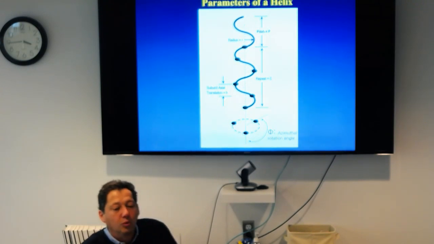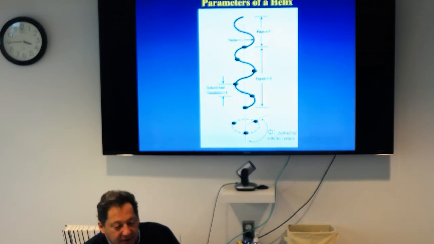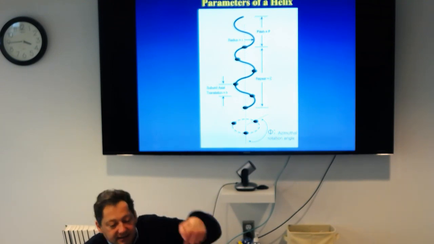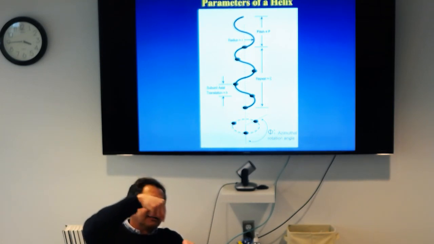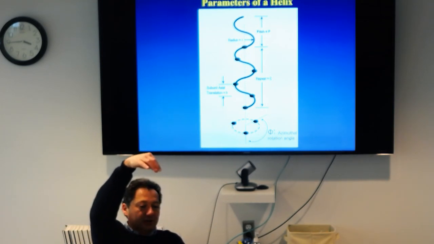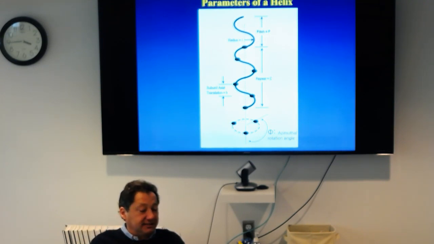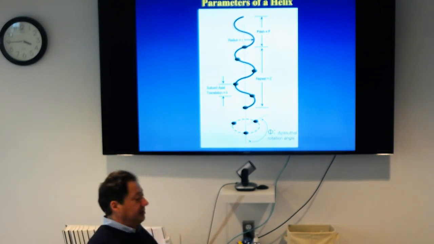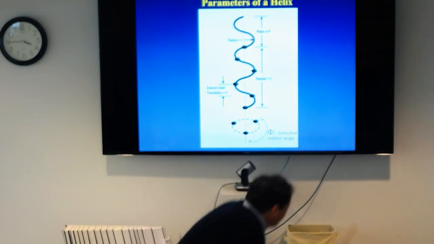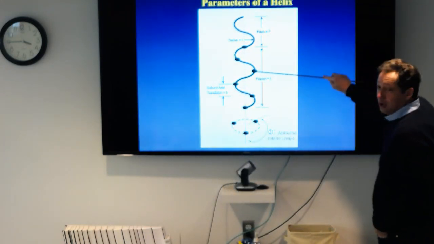So there are other terms that you're going to become familiar with. The helix is going to be turning, and at some point you're going to get exactly to the same subunit. So that defines the repeat, okay? And it's not the same as the pitch of the helix, which is when you complete a turn here.